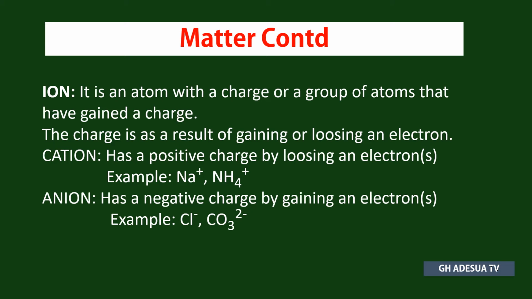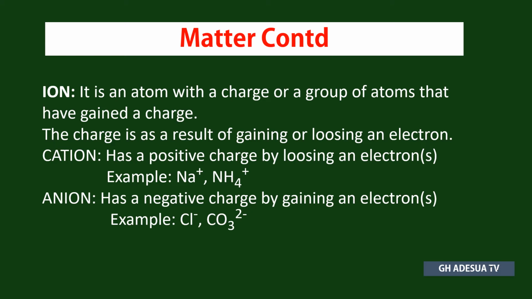The number of electrons and protons are equal. Once you reduce the number of electrons, the protons will be more. So assume they all have 5, 5, and you reduce the electrons by 2. The protons will now be 2 more than the electrons, so it will be positively charged, 2 plus. That will give you a cation.